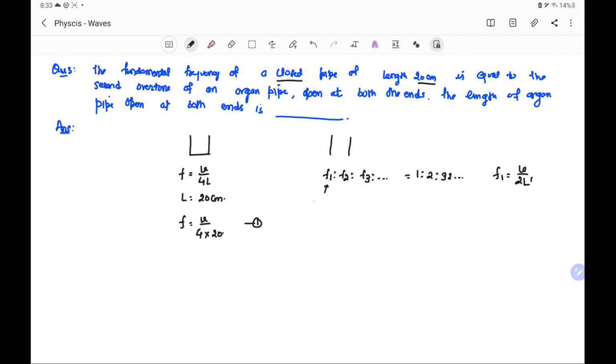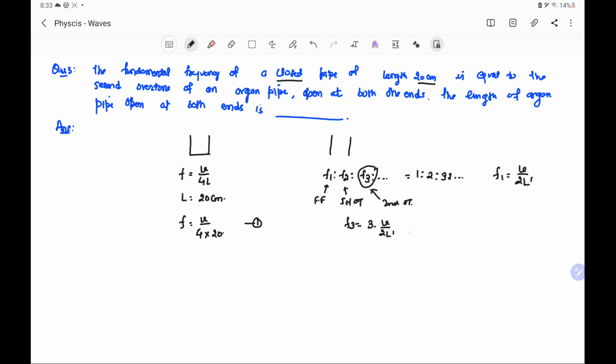This is the fundamental frequency. F2 is the first overtone and F3 is the second overtone. This implies that the question refers to F3. So F3 is equal to 3 times the fundamental frequency, which is V by 2L dash.